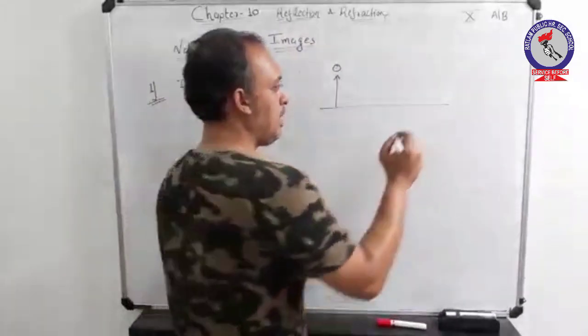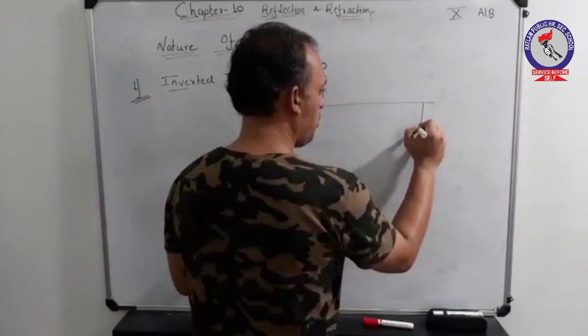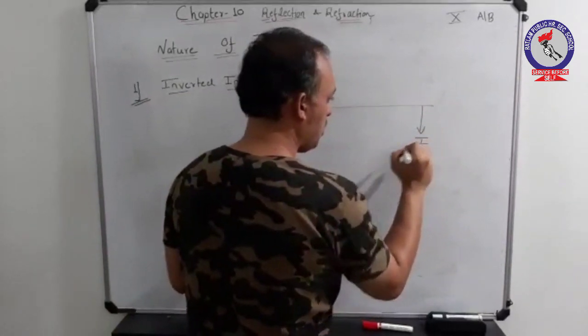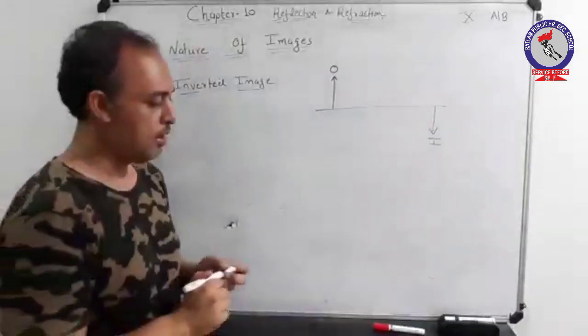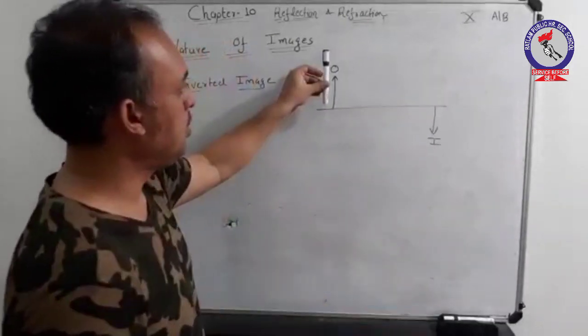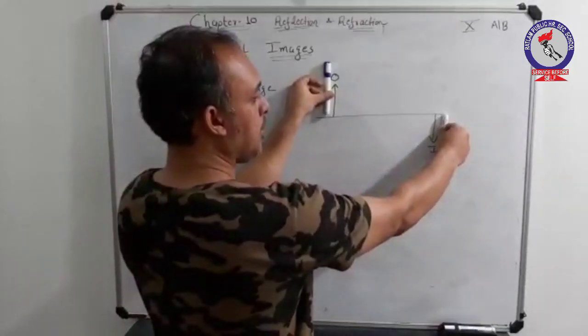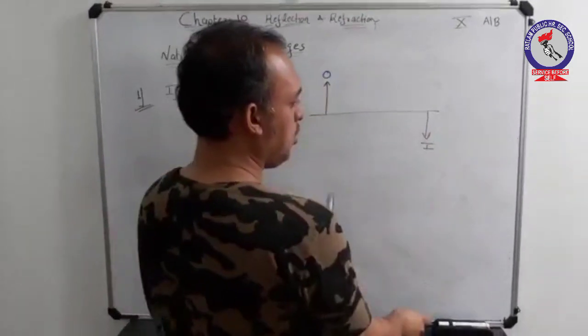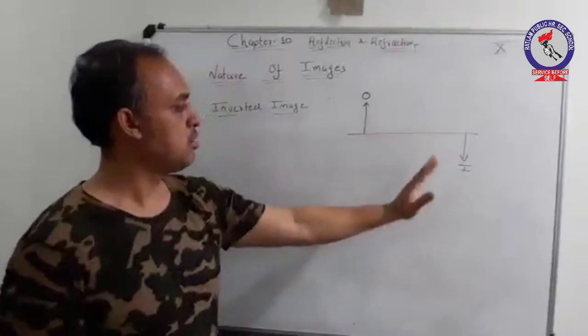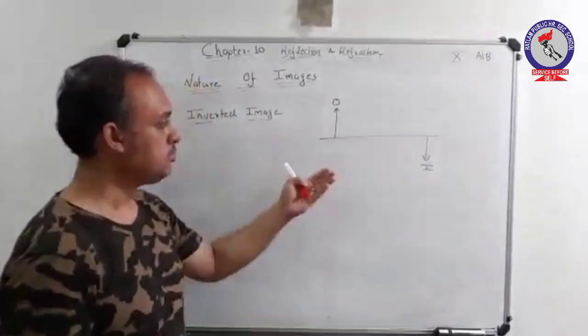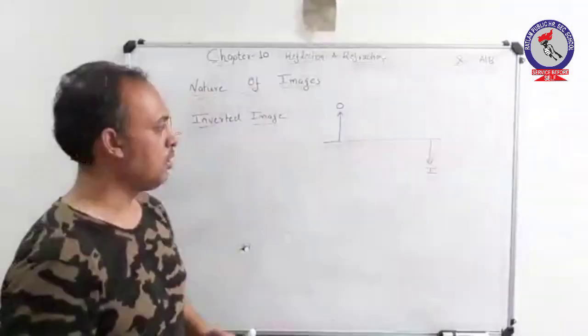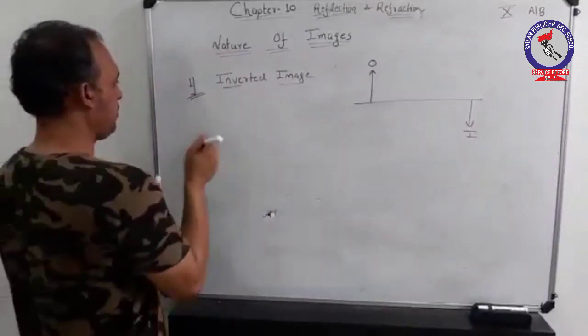If my image is formed below the principal axis, you can observe that an object placed above the principal axis forms an upside down image below the principal axis. This is known as an inverted image.